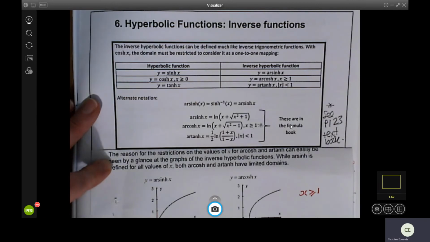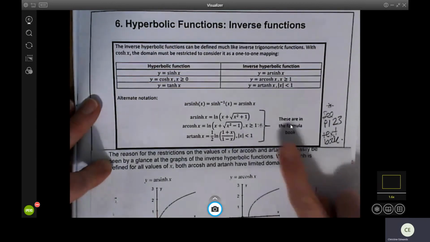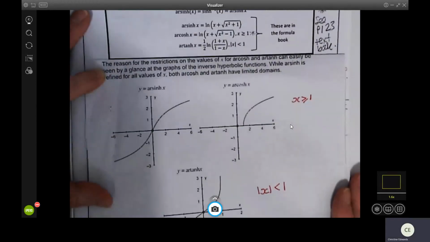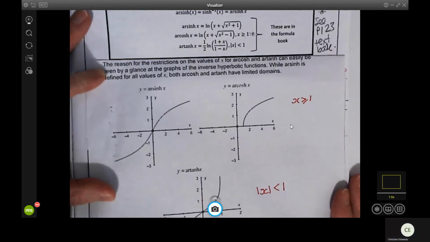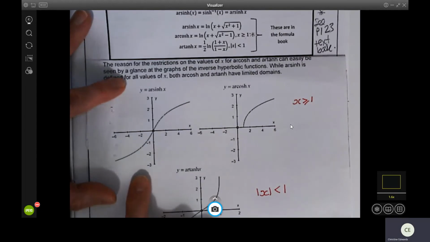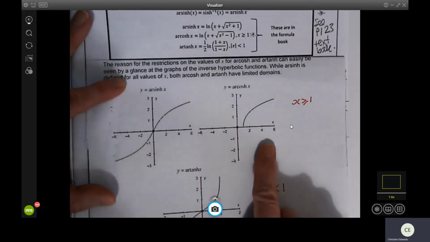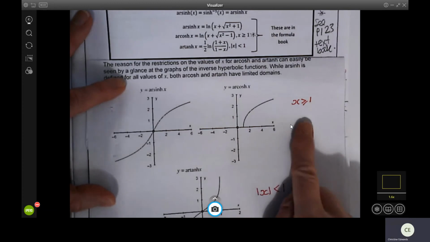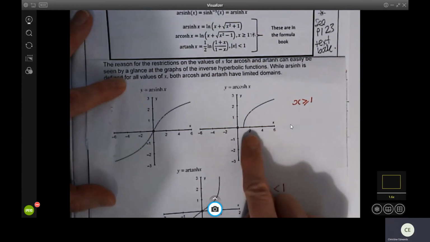In terms of the reasons for the restricted domains, let's have a look at the graphs. You can see that the inverse of hyperbolic sine is a one-to-one function, therefore no restrictions are required. The inverse of hyperbolic cosine requires the domain to be restricted and only part of the curve to be used.